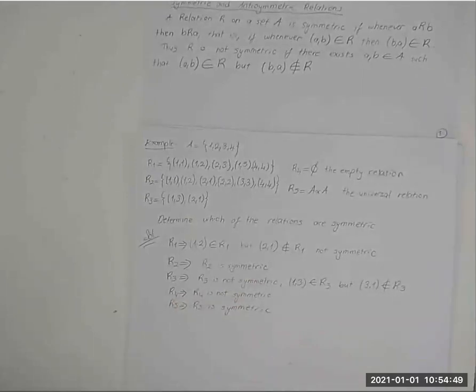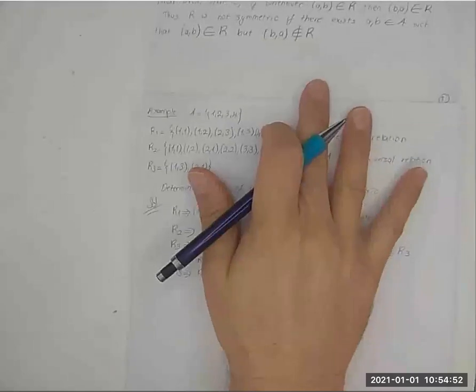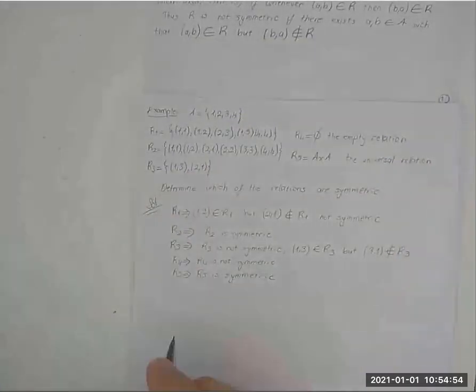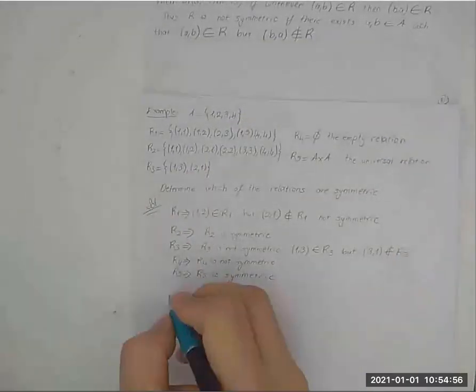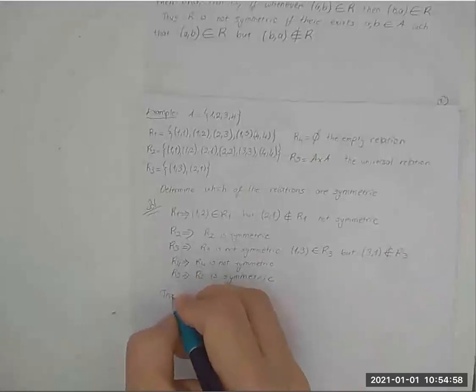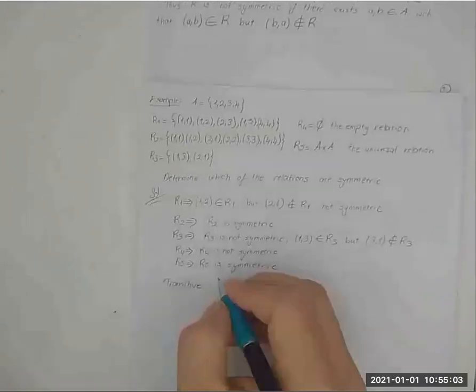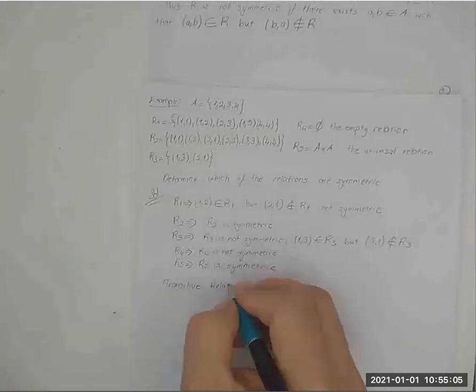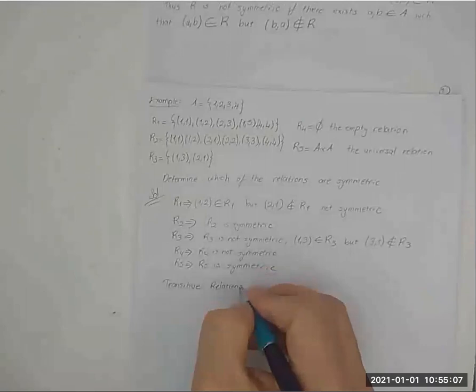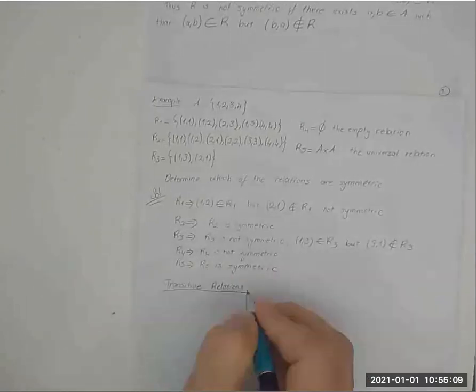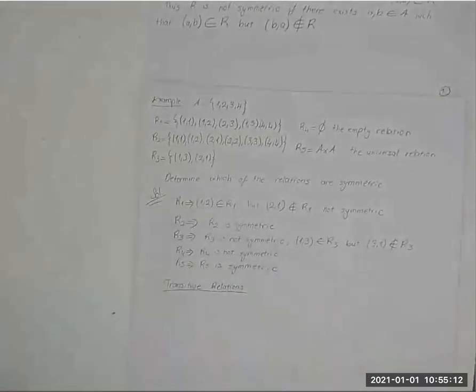Sure, Sarah? There is no element. And R5 is symmetric because it is a universal set. And next one is the transitive relation.